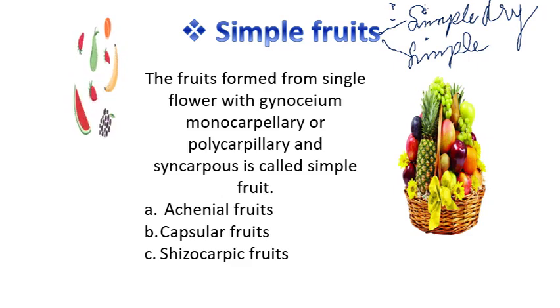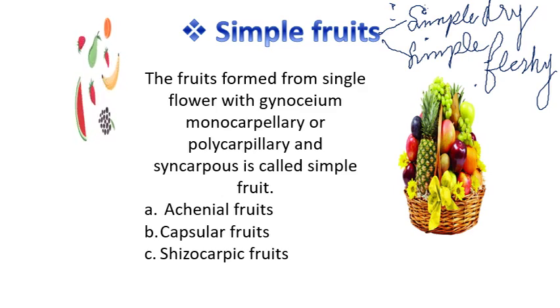The fruits are formed from a single flower with the gynoecium having a single carpel or multiple carpels, and these carpels are fused together, then we call it simple fruit. So simple fruit basically has two types: one is simple dry fruit and the other one is simple fleshy fruit.